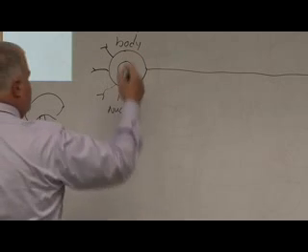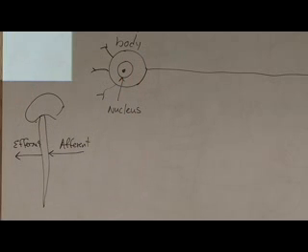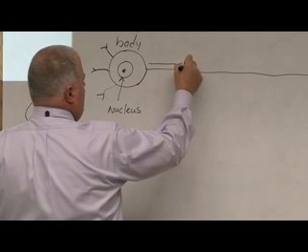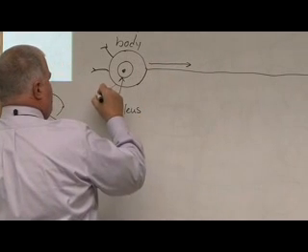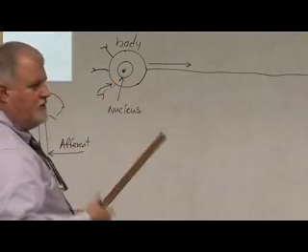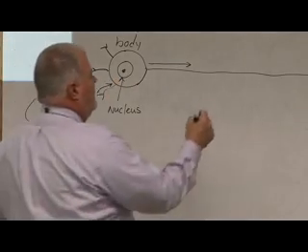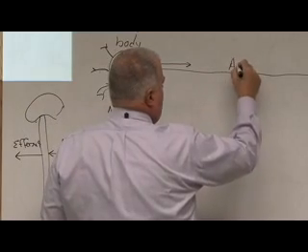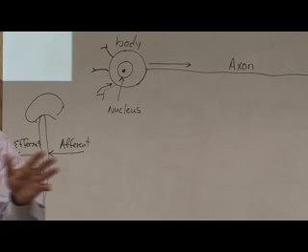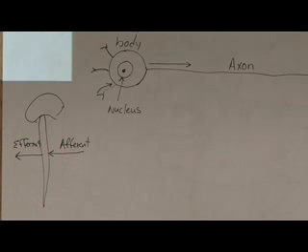Now our reference point is going to be the cell body instead of the central nervous system. So we can have impulses away from the cell body, or we can have impulses toward the cell body. Traditionally, what we've used is the word axon to describe the cell extension that conveys impulses away from the cell body.